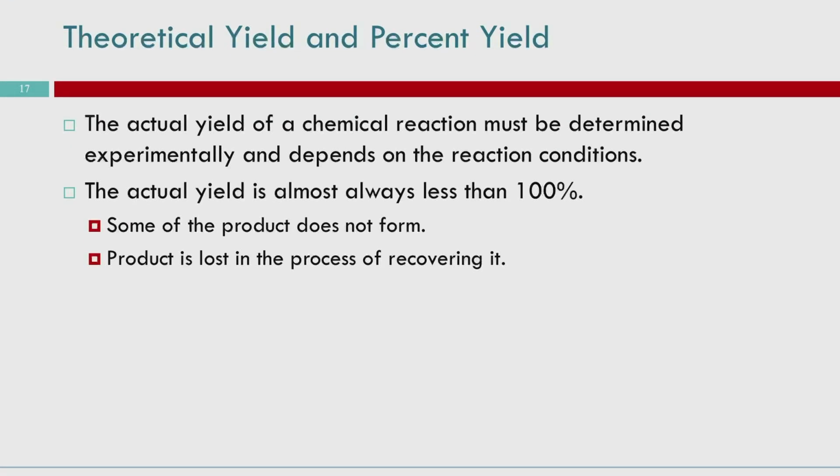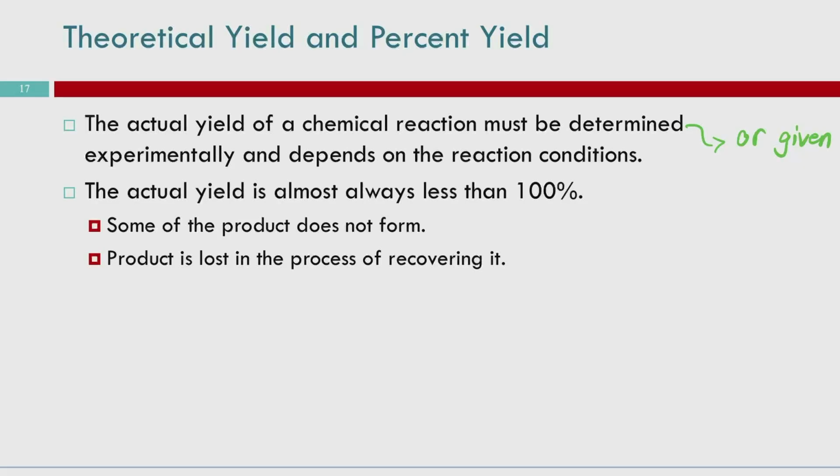The actual yield is always going to be determined, or in the case of an exam, given to you. You can't calculate an actual yield. And that's going to depend on your reaction conditions. In the case of the BLTs, if our dog's outside, we get a better yield of BLTs, right?